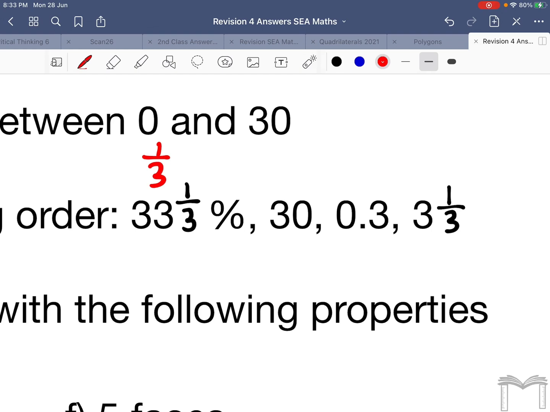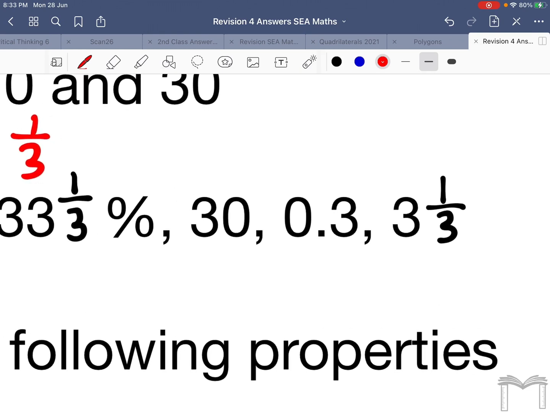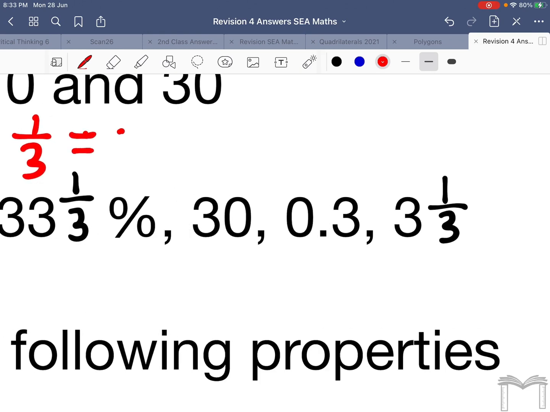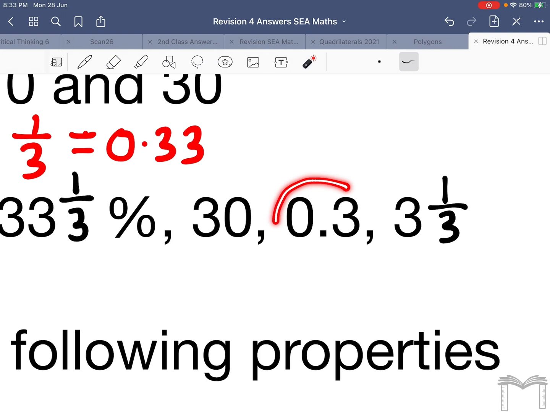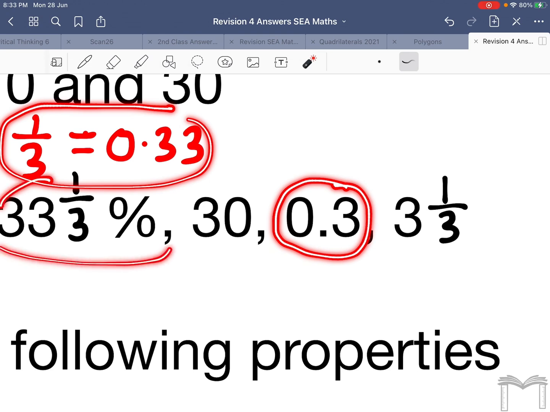Which one is greater, 1/3 or 0.3? 1/3 is the same as 0.33, where the 3 is recurring. So the smallest number which comes first in ascending order will be this, followed by this, then 3 1/3, then 30.